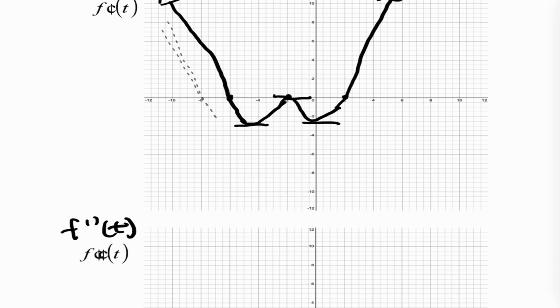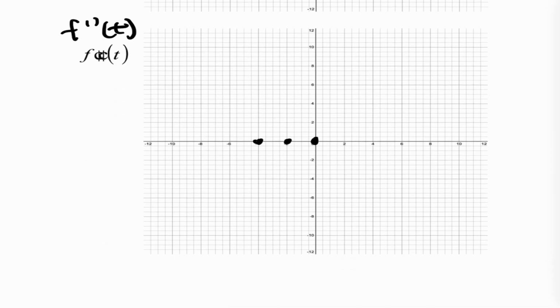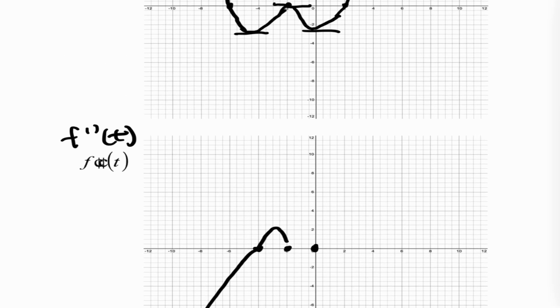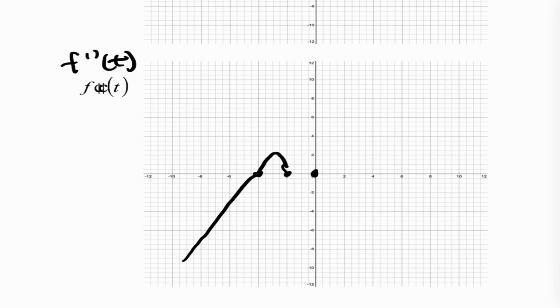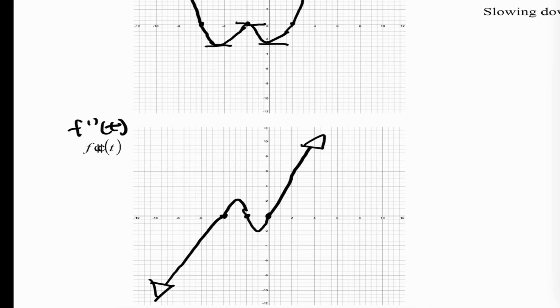We start from this direction, so it'll be the opposite of that. So we'll go down here, go through our x-intercept, have a concave down, then we'll have a concave up, go through our x-intercept again, and that is our graph for f''(t).